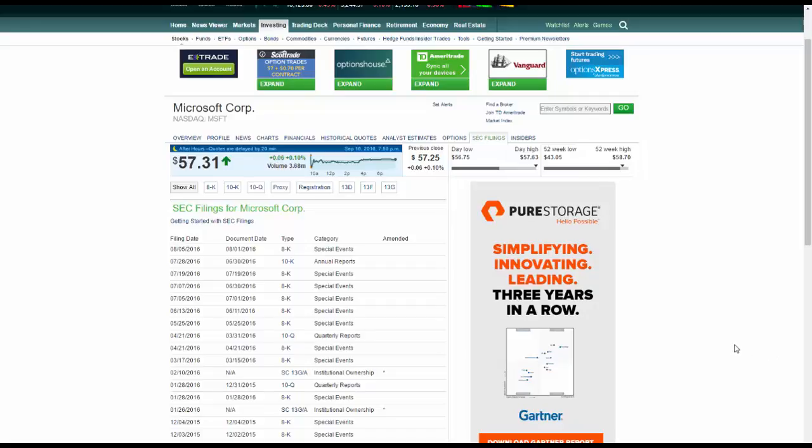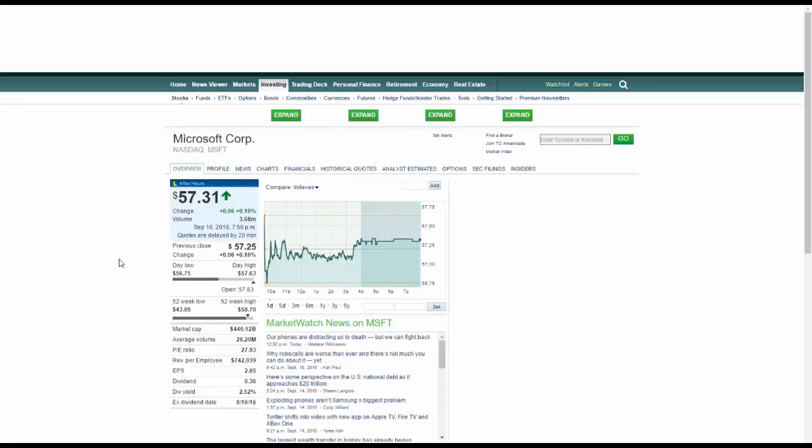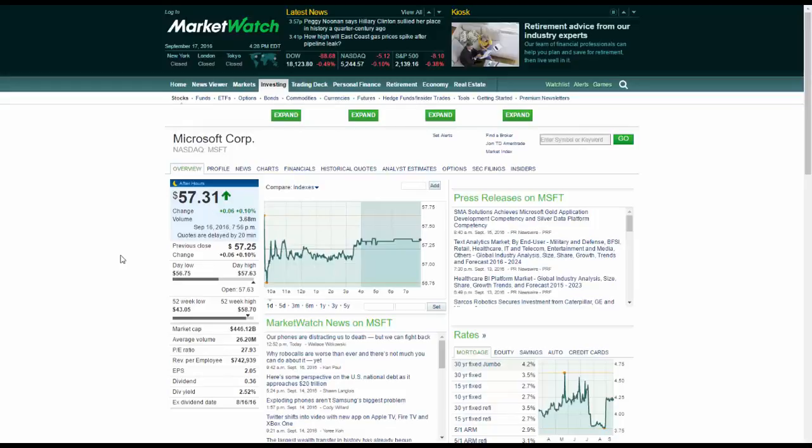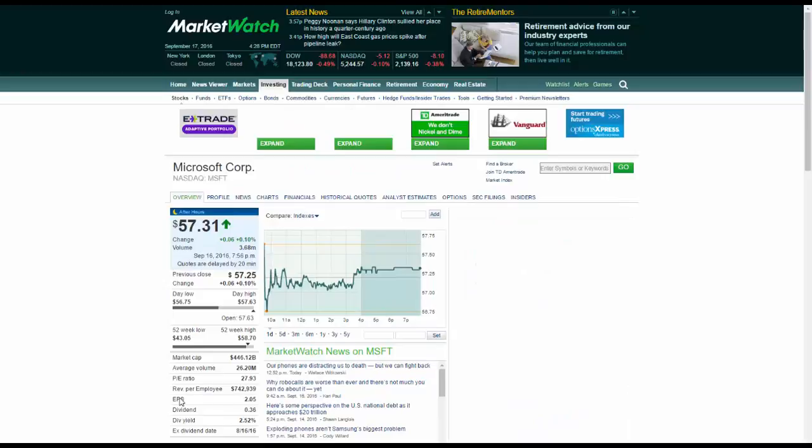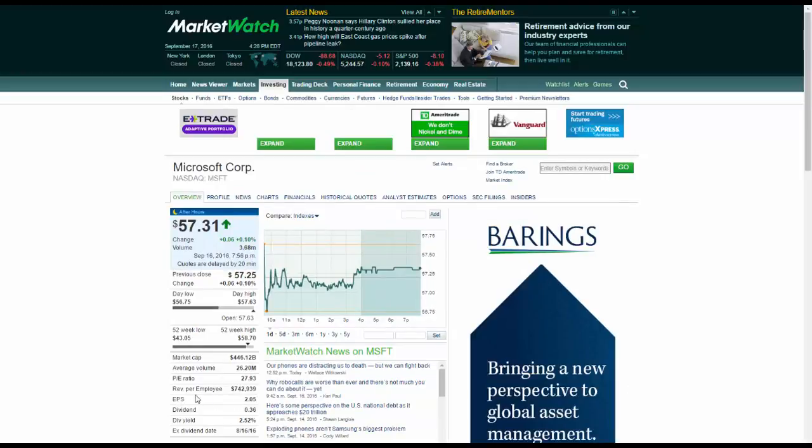So let's just do a simple comparison here. So I'm going to go to the overview page for Microsoft. And one of the things that we see is the earnings per share, for example. So that is an indicator of the profitability of the company. And I'm just going to look at that one just for an example here.